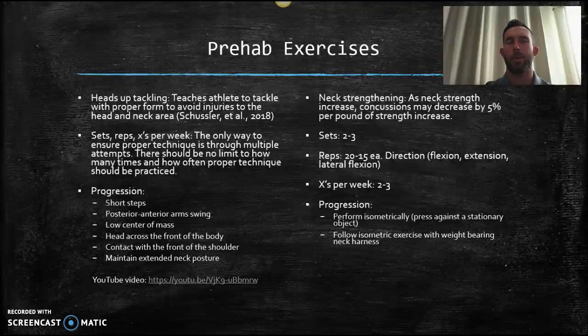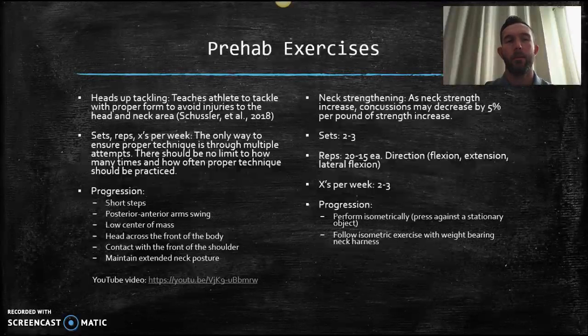Rehab exercise is really no way to completely eliminate the likelihood of a concussion, but there are ways to reduce the likelihood. Heads up tackling, so teaching proper technique is really important. You find it in a lot of schools, high schools, colleges, even the pros use it.